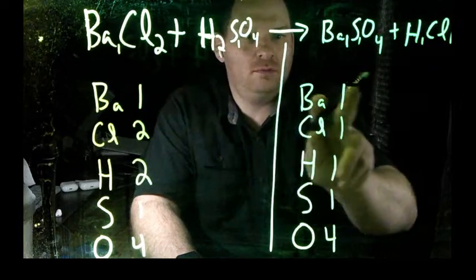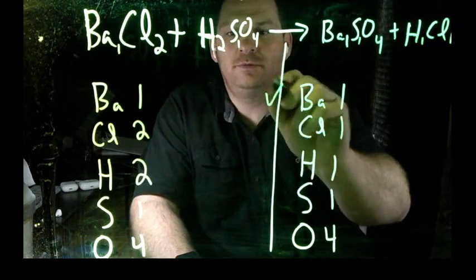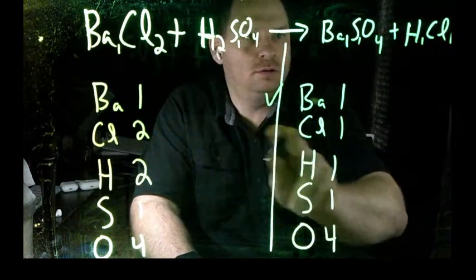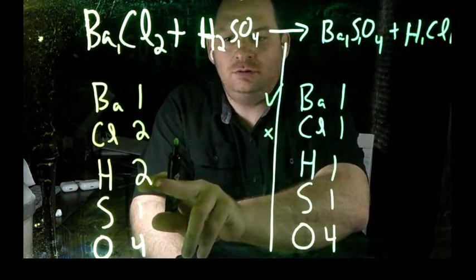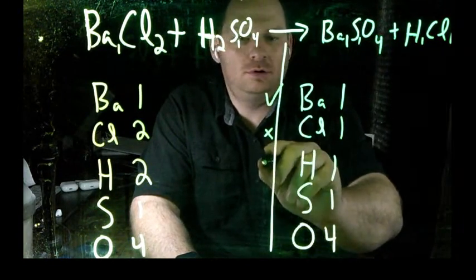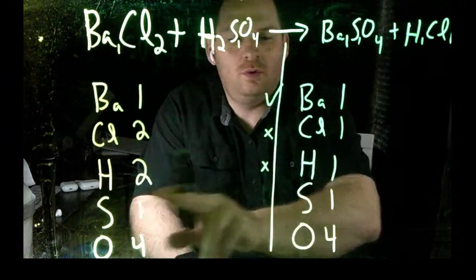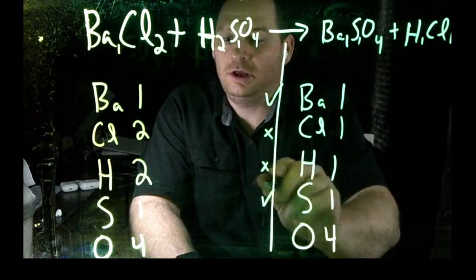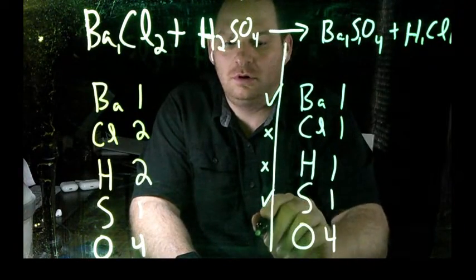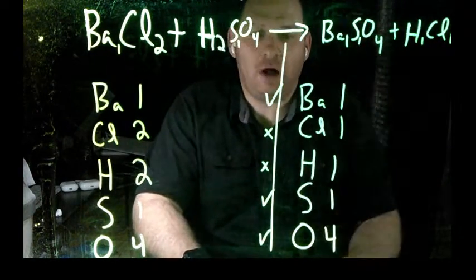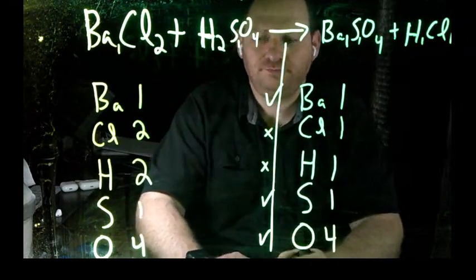So Ba 1, Ba 1, that's good. Our chlorine, nope. Our hydrogen, 2 and 1, no. Sulfur, 1 and 1, yes. Oxygen is 4 and 4. That's good. So this does follow the law of conservation of mass.